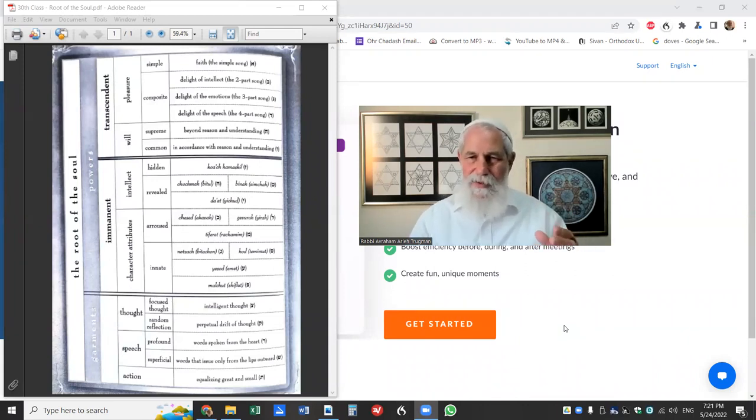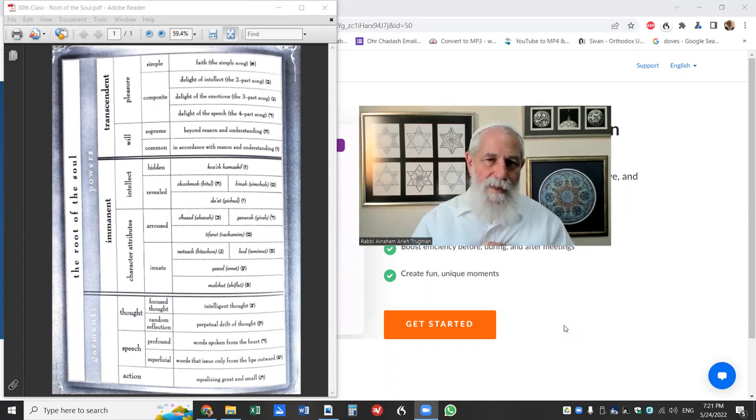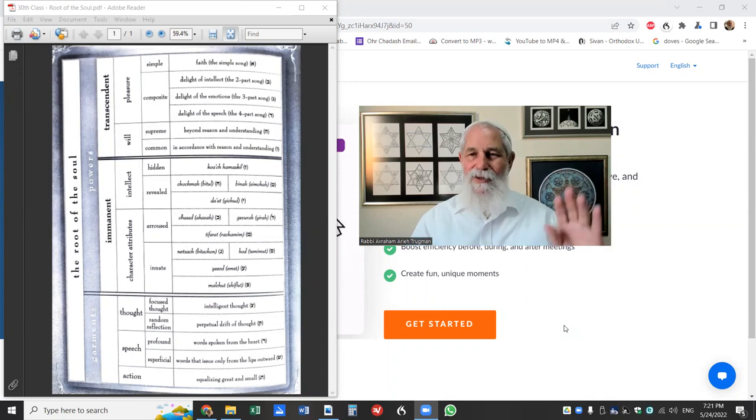How do we understand this? The simple pleasure of the soul is those times when we feel very close to God, we feel very close to our own soul, and that is this most simple pleasure.